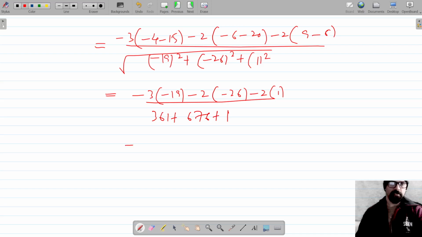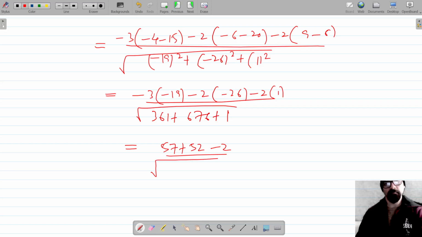Now 19 into 3 is 57, plus 52, minus 2. Adding them gives 107. And under the root, 361 plus 676 plus 1 is 1038.